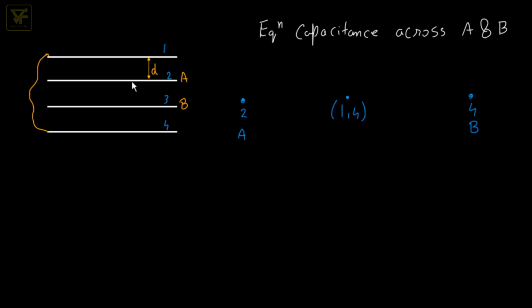Now one simple thing is, 2 and 1 will have a direct capacitance between them. So I can say that 2 and 1 have one capacitor between them. Similarly, there is one capacitor between 2 and 3. So 2 and 3 directly also share one capacitor.